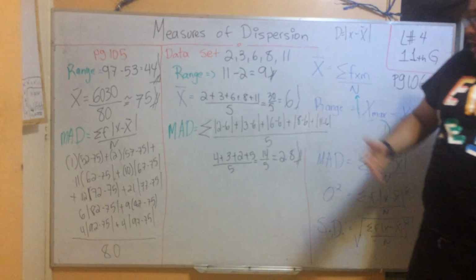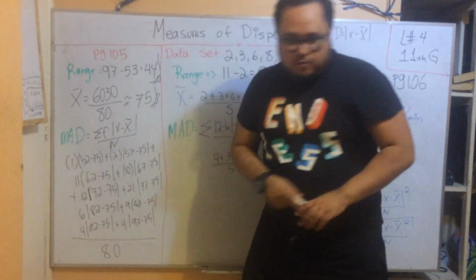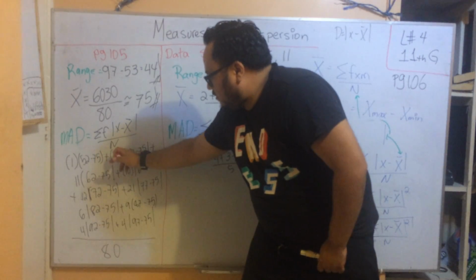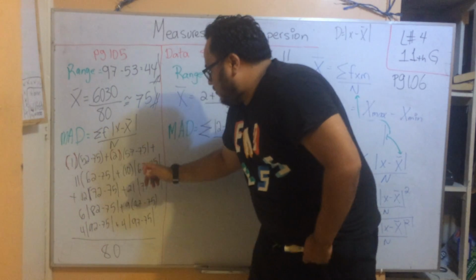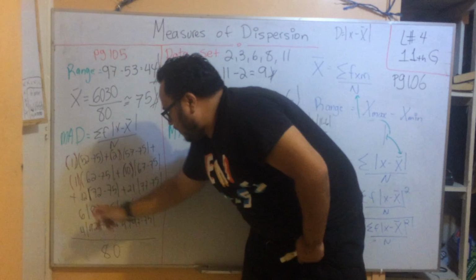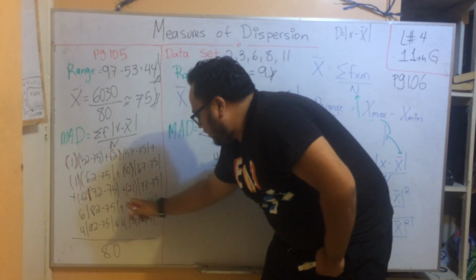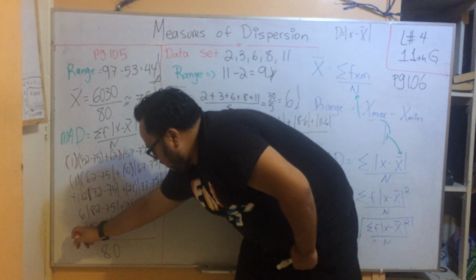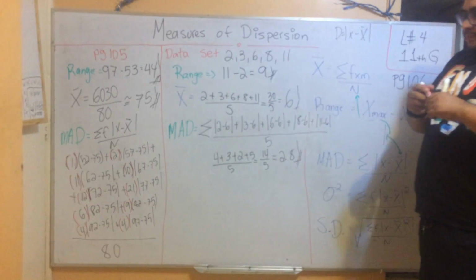But let's review. How do we get these numbers? We're multiplying the frequency, which is in parentheses. Let me put a color here so that you can see it's different. The ones in red are frequencies: 12 is a frequency, 21, 9, 4, 4, and 6 are frequencies.